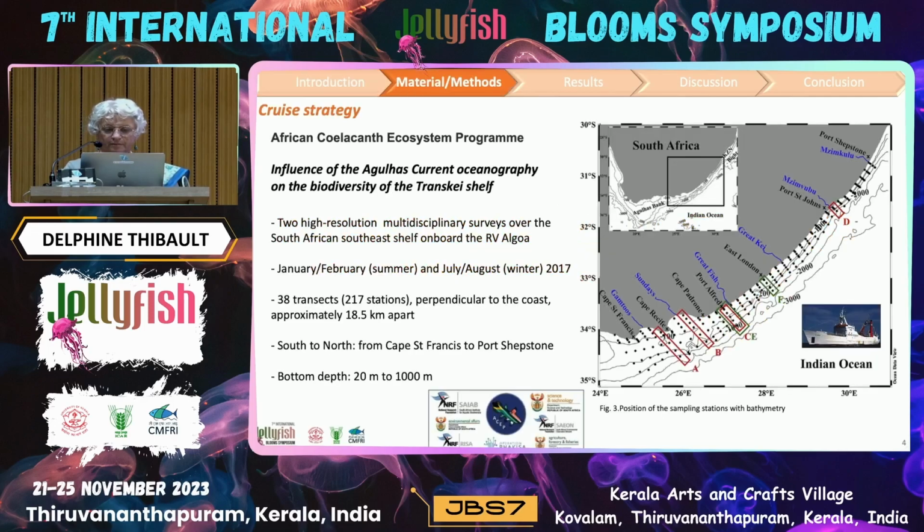We sampled in 2017, two cruises, one in January-February and one in July-August, so summer and winter. 38 transects were done, with 6 to 8 stations across each transect, perpendicular to the coast. Samples were taken from the south, from Cape St. Francis, to Port Shepstone in the north, limited to between 20 meters and 1,000 meters depth.